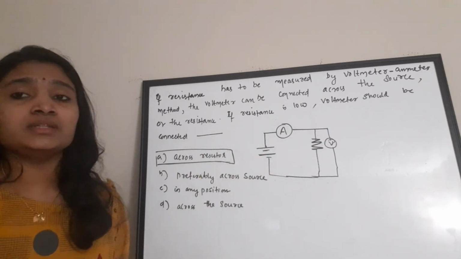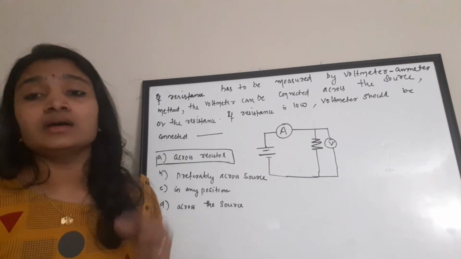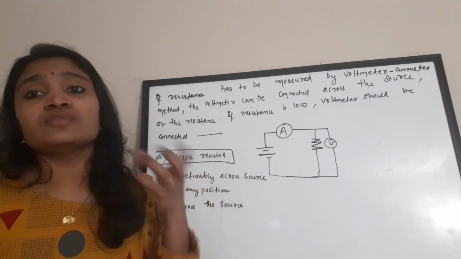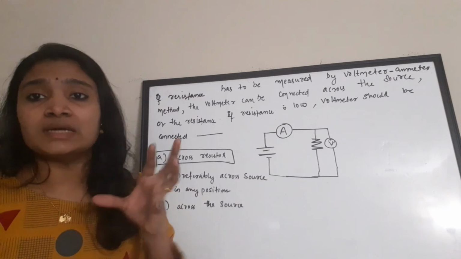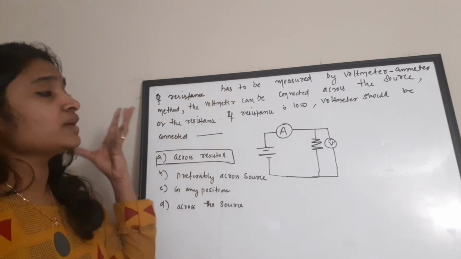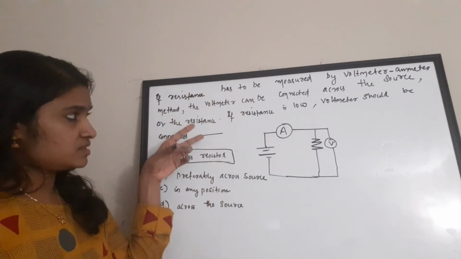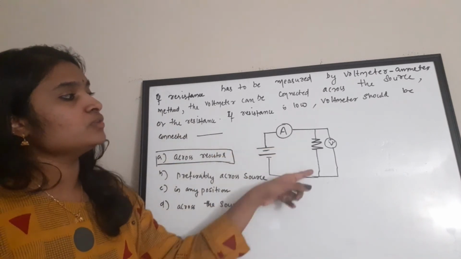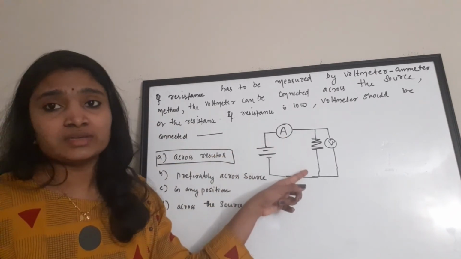The voltmeter ammeter method means we are going to find the current of the circuit and also the voltage. Sometimes we need to find the voltage across our device. So here we need to find the value of resistance. For that we need to find the voltage across the resistance, right?